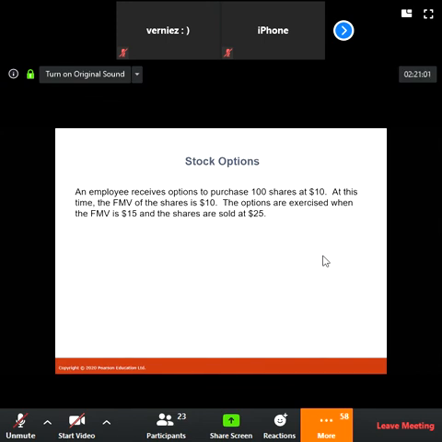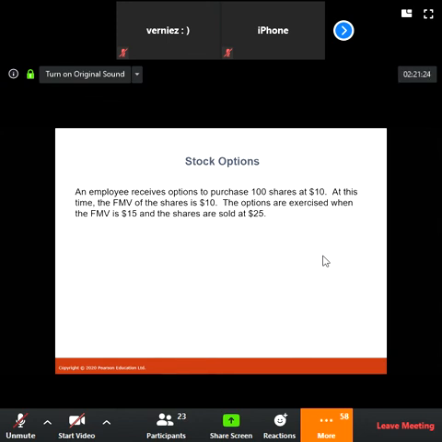The employer, Superstore, says to the employee, Eleanor, would you like to get as additional compensation 100 shares at $10? At that time, the fair market value is $10. So $10 and $10.